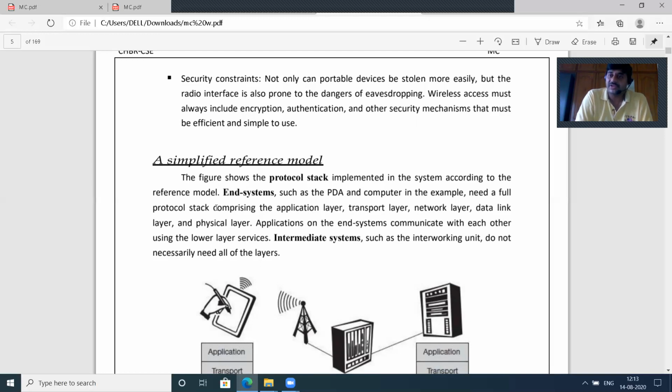They must be efficient, and one more important thing is that they must be as easy and simple as possible for the users to use. Okay, this is about the mobile computing limitations.